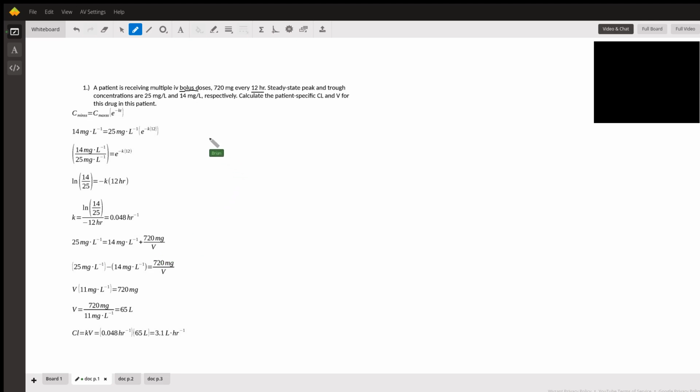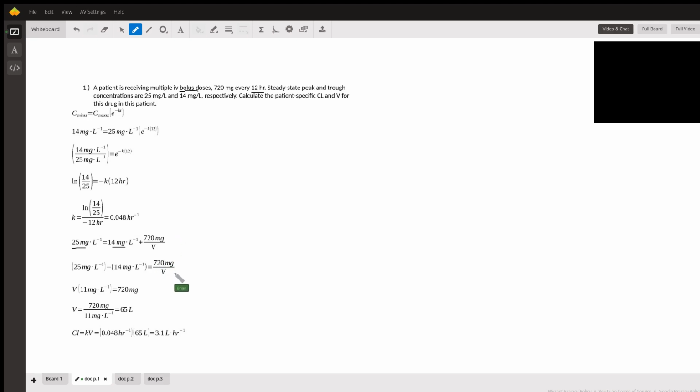We can also express the maximum concentration at steady state, 25 milligrams per liter, as the minimum concentration of drug at steady state plus the dose over the volume of distribution, and solve for volume of distribution. This is because with multiple IV bolus doses, we're assuming that as soon as a dose is given, all of the drug will be in the plasma.